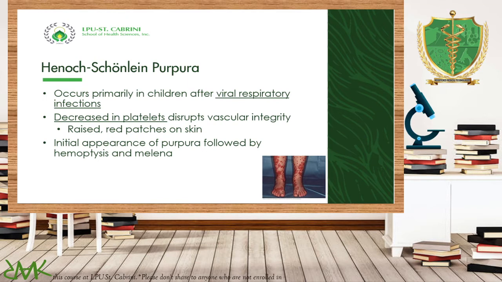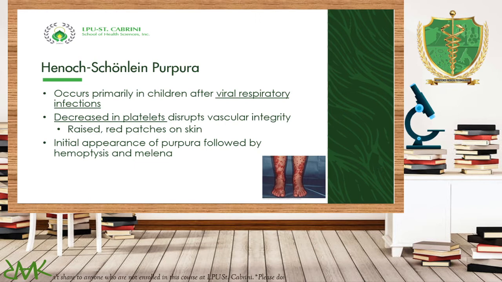You know guys that Henoch-Schönlein purpura is a problem not only in the kidney, but also a problem within the platelets. This is a vascular problem that can cause a problem in the kidney. The predominant characteristic of this one is membranous glomerulonephritis producing petechiae.